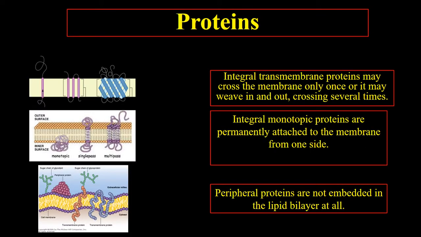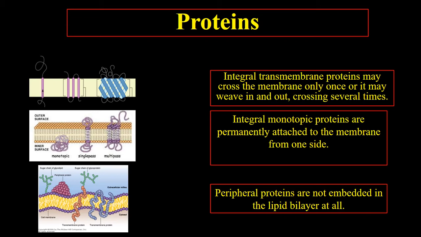Proteins. Membrane proteins are classified into two main categories: integral proteins and peripheral proteins. Integral proteins are generally transmembrane proteins with hydrophobic regions that completely span the hydrophobic interior of the membrane. The hydrophilic ends of the molecule are exposed to the aqueous solutions on either side of the membrane.